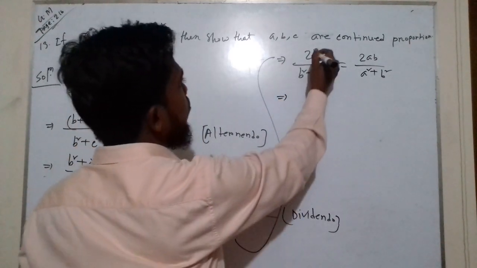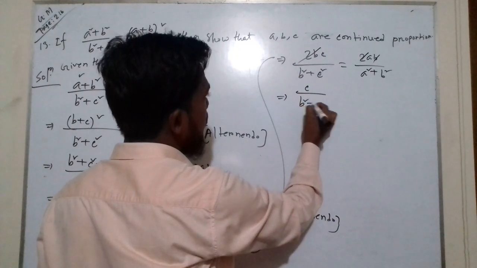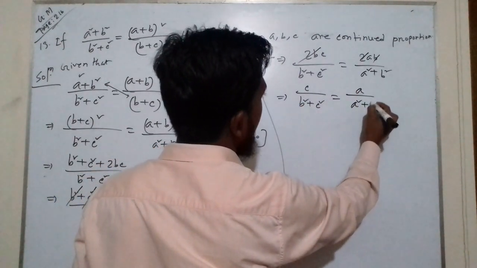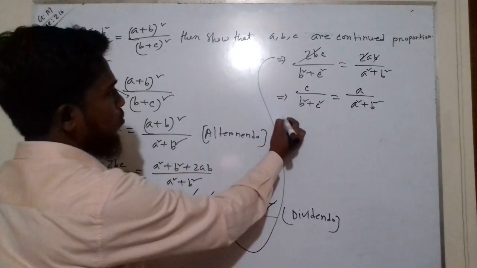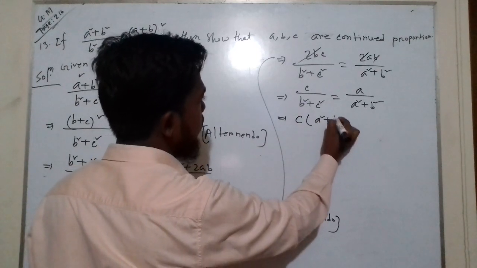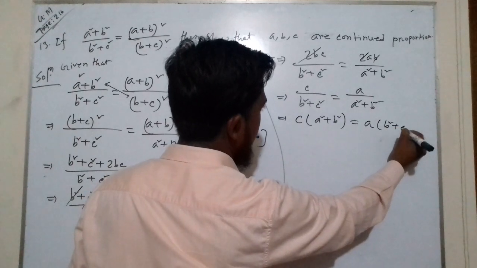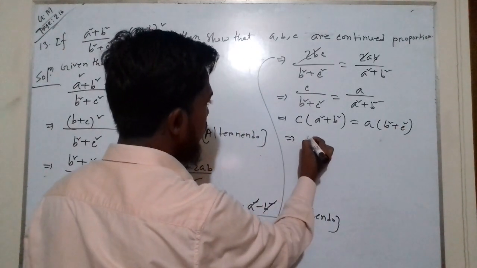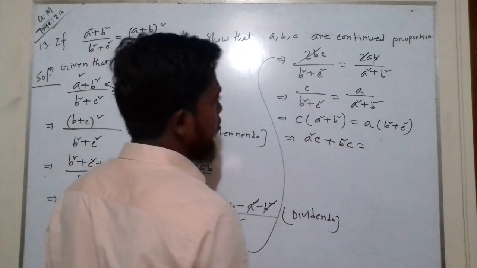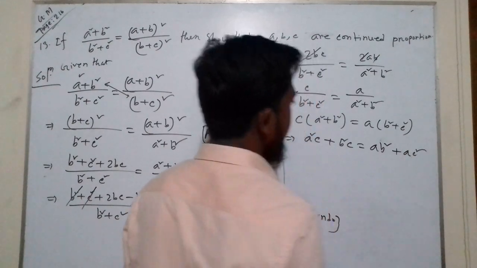Now 2b and 2b are cancelled, so c by b square plus c square equal to a by a square plus b square. Now cross multiplying this, c into a square plus b square equal to a into b square plus c square. So a square c plus b square c equal to a b square plus a c square.